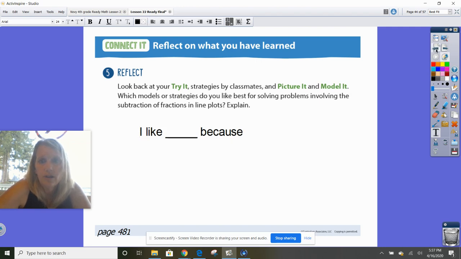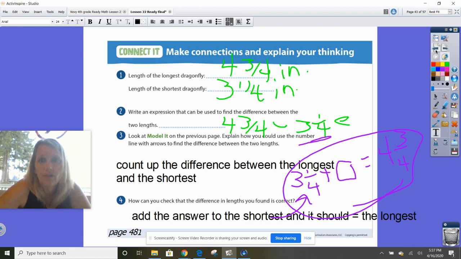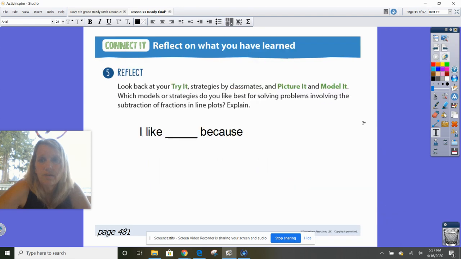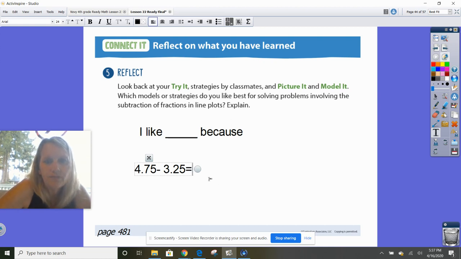And let me quickly model how you could do this in decimals. So 4 3/4 would be 4.75 minus 3 and 1/4. 1/4 of a dollar is 25 cents. So for team decimal, you could line it up if that makes it easier for you.